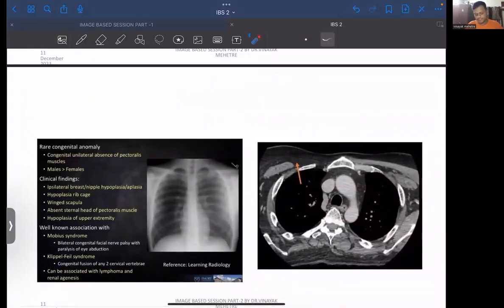If I give you the CT of Poland syndrome, take a look over here. This is the pectoralis muscle, and it is absent over here. The same CT will go for mastectomy. What is absent over here? Absent pectoralis.